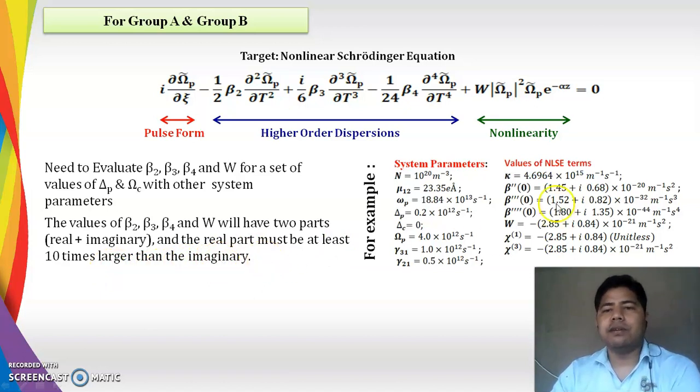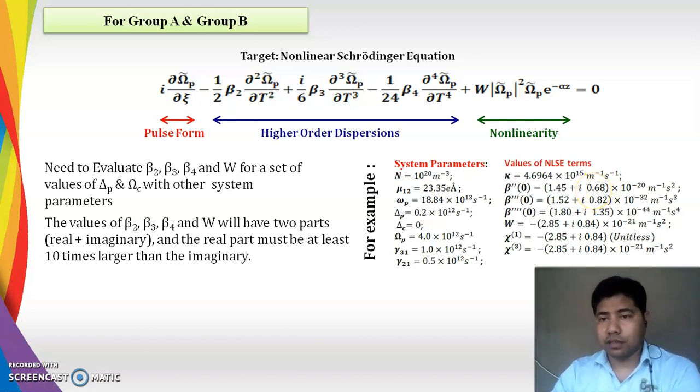Here beta 2 is 1.45 as the first part, the real part, and the second part is the imaginary part, 0.68. Definitely the real part is almost 10 times larger, because the decimal point is after 0.